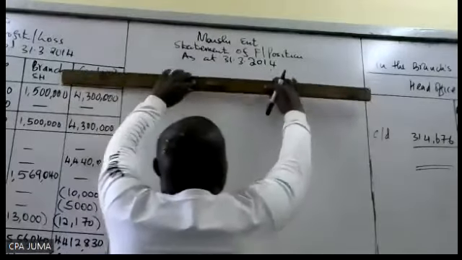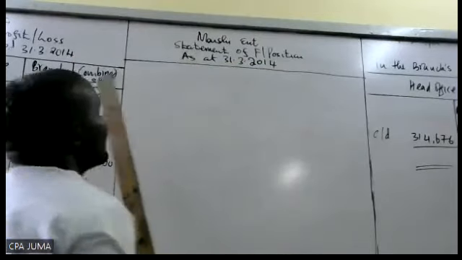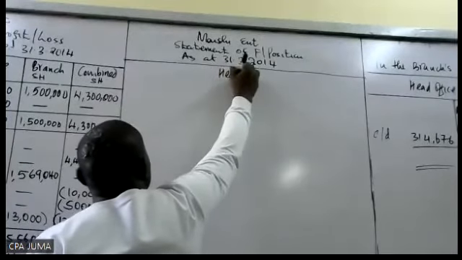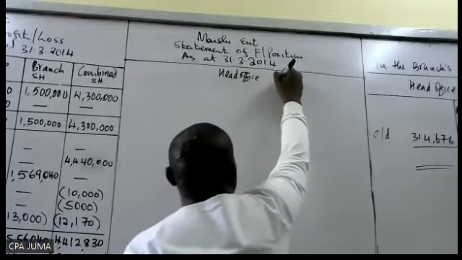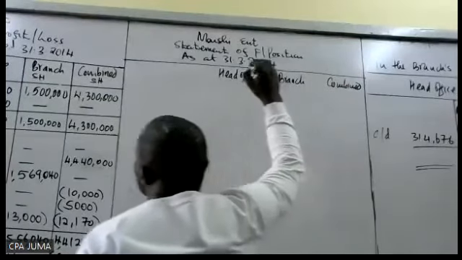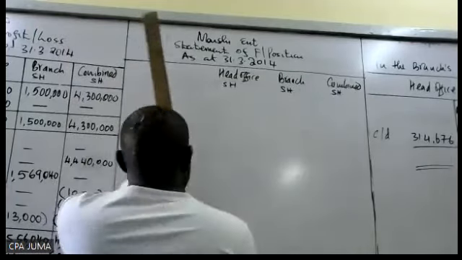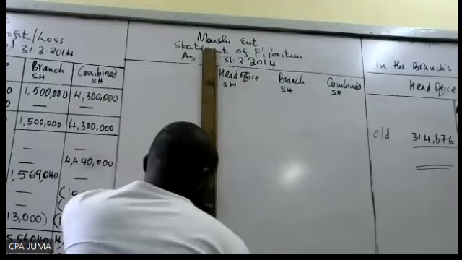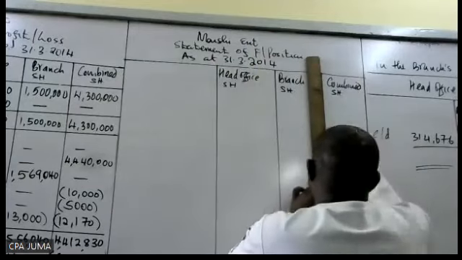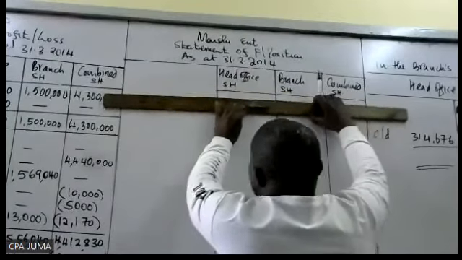So for all of them: head office, branch, combined.